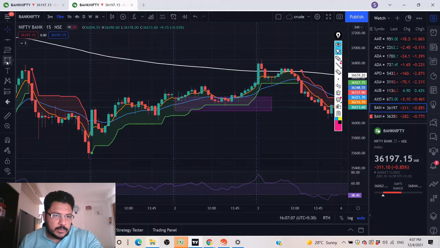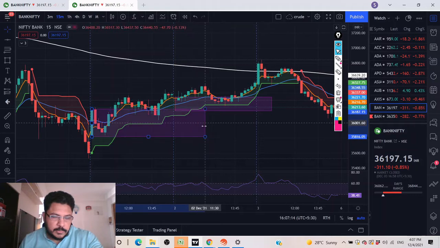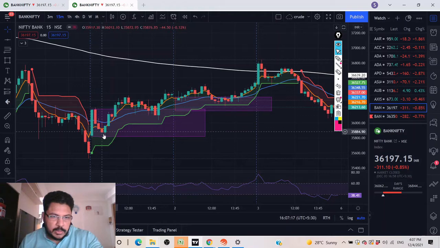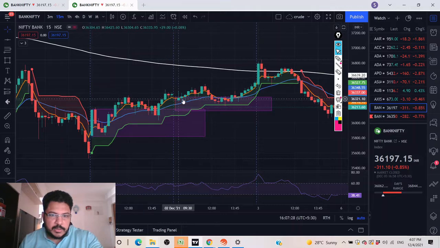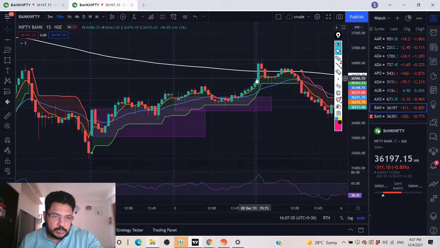Then coming to this part, okay, so here it didn't do anything, but later at this point around 11 AM it broke the high and then from there it started moving up, and you could have carried it for the next day also.